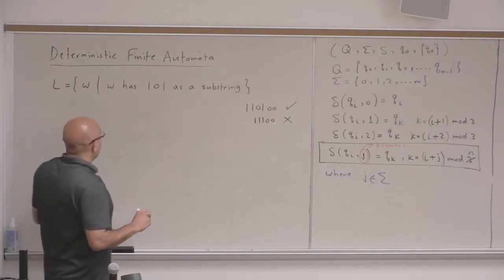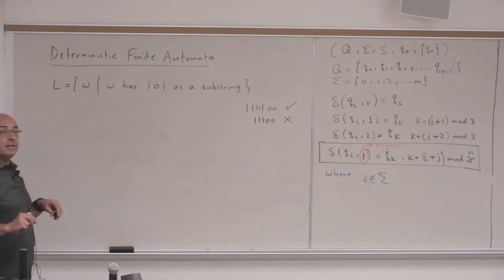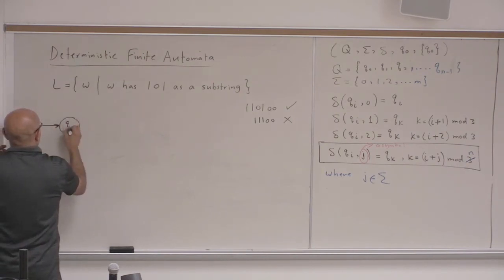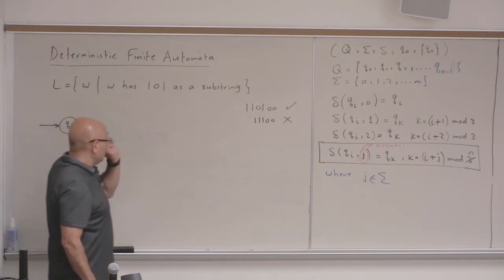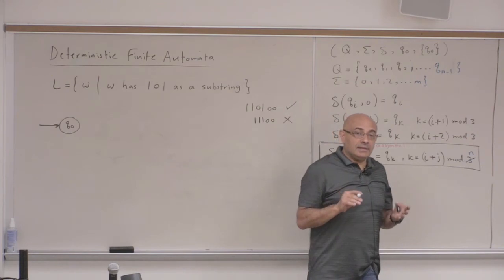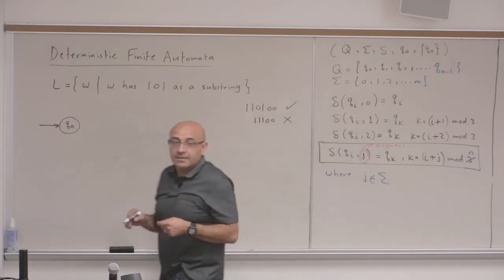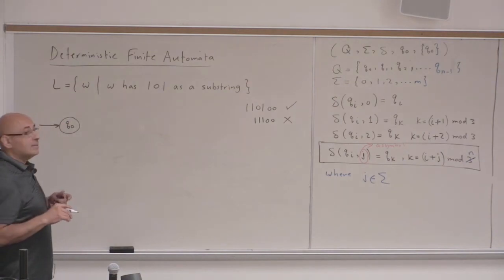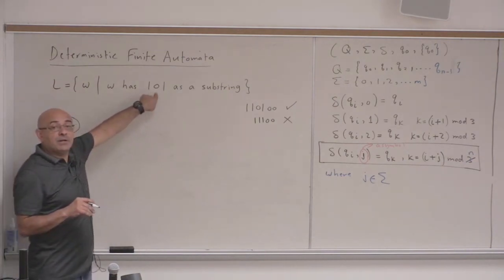Now, how many states do you think this will have? So we start with a Q0, right? Then, necessarily, we should have a path in this DFA. We should have a path that has what in it? So this substring should appear somewhere in the DFA.